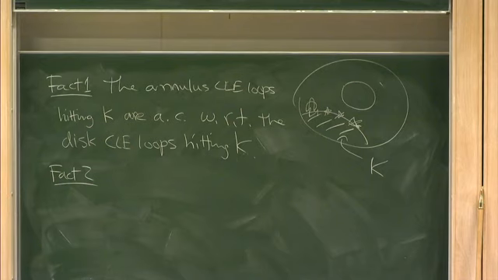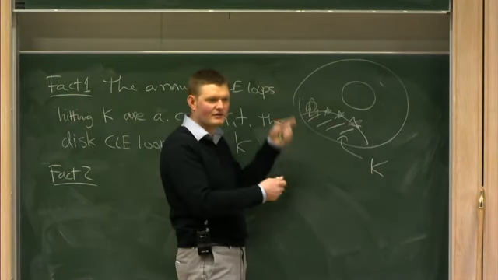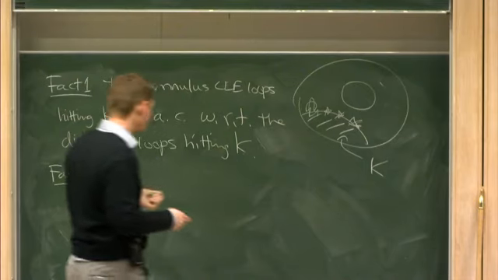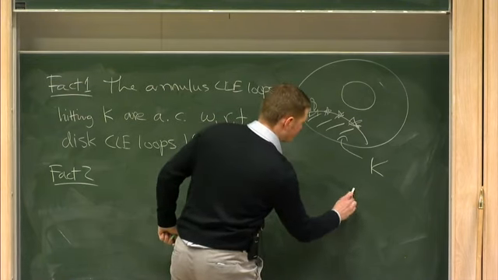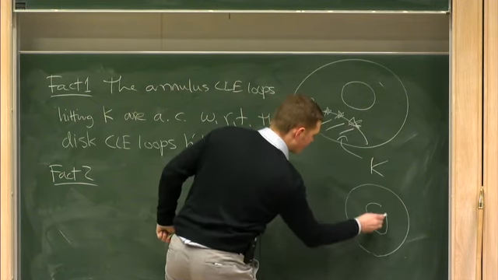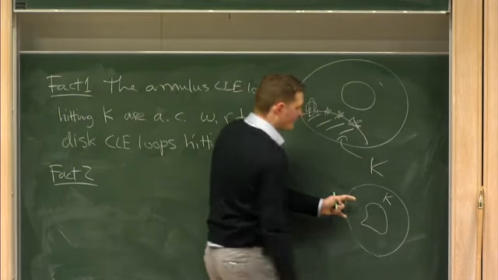Fact 2 is that if you want to explore up until the hitting time of K complement, then you don't need to see any loops that don't hit K. And this picture is not great for that, because the hitting time of K complement for the disk, so this is for a disk exploration. What I'm going to have to do is choose a K that doesn't get close to the boundary here in order for this to be interesting.